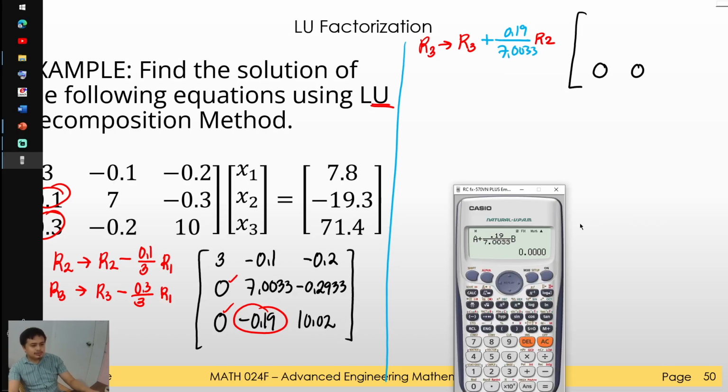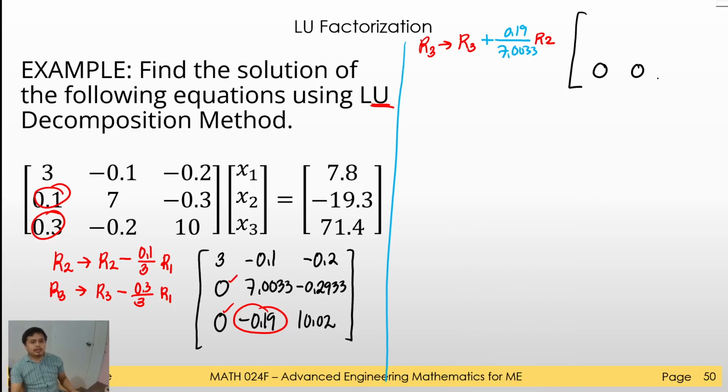And then for the last one, we have calc and 10.02 and negative 0.29. This will be 10.0120. So copy the remaining rows that we did not operate on. 7.0.